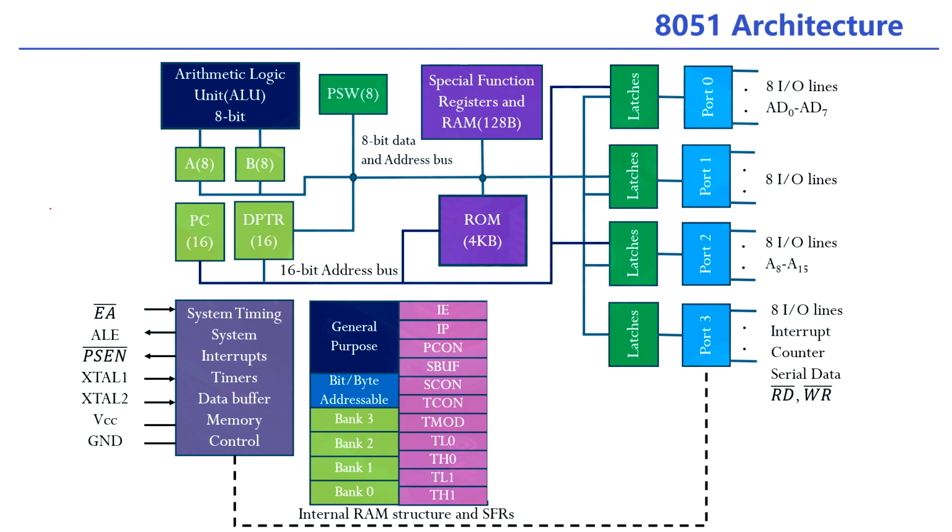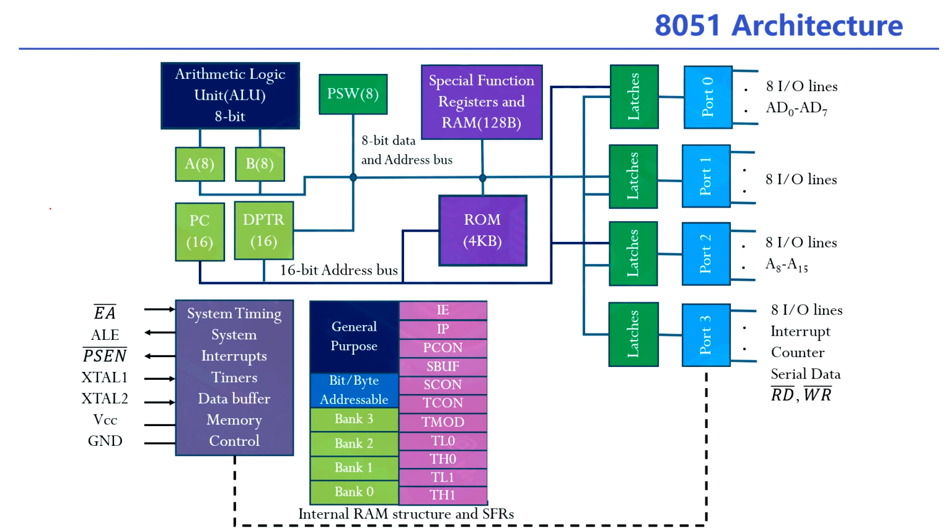We have already discussed. Now moving to the memory, the 8051 contains 128 bytes of internal RAM and 4K bytes of internal ROM.